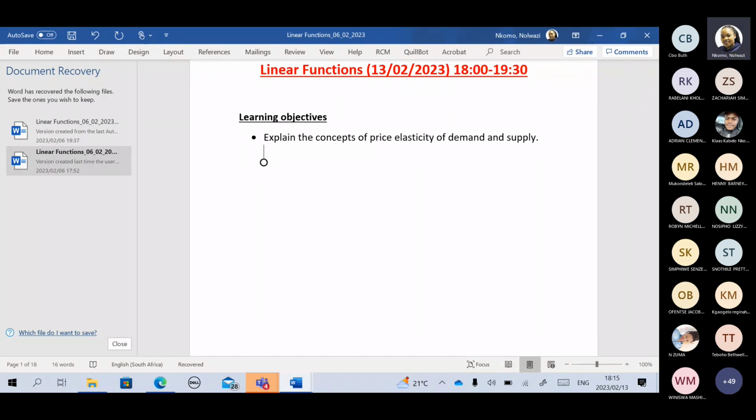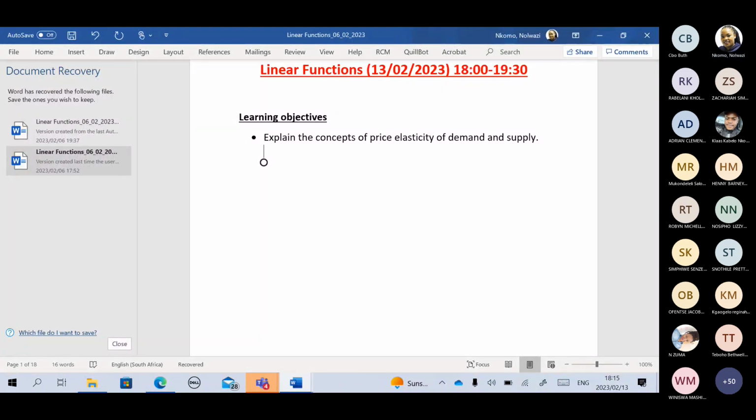And another thing, the coefficient of elasticity is determined as the ratio of the percentage change in quantity demanded to the percentage change in price. Again, remember we are dealing with quantity and price. What will happen if the price increases? Will the demand for your product increase or will it decrease?